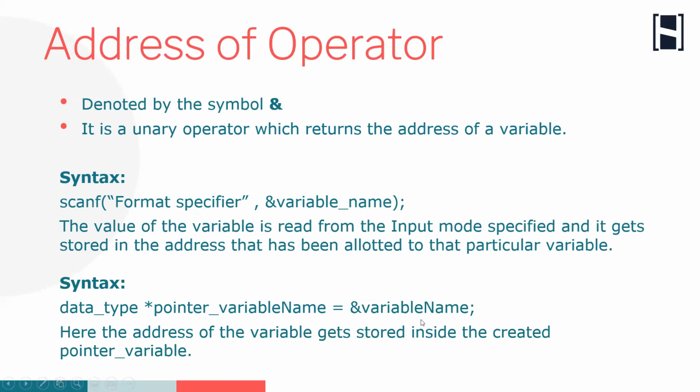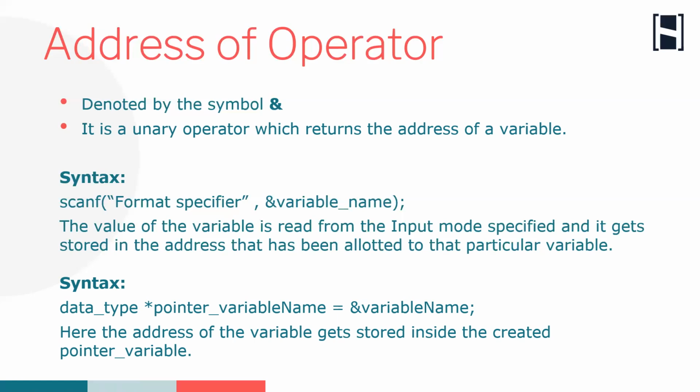How to do this? I have to use the equal to, which is our assignment operator, followed by the ampersand and the variable name. Which variable's address do you want to store inside this pointer? That variable name we have to mention here: ampersand symbol followed by the variable name. Whatever memory address has been allocated for this variable will be stored inside this pointer. So this is the second usage of the ampersand operator.